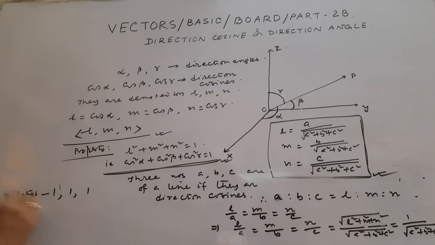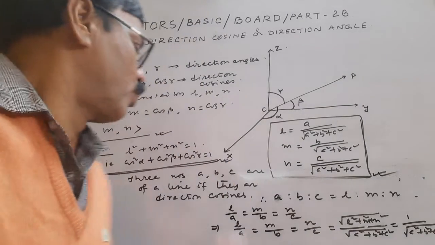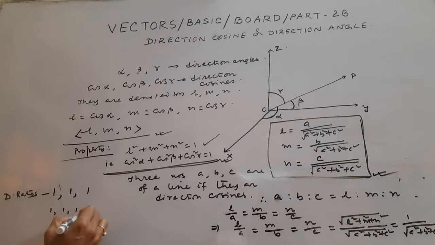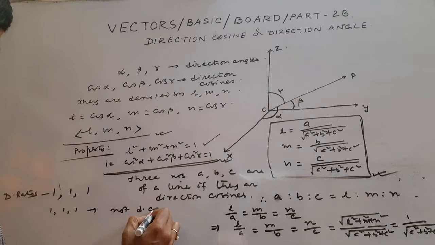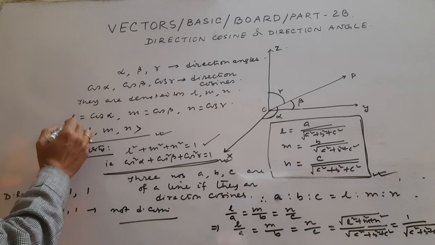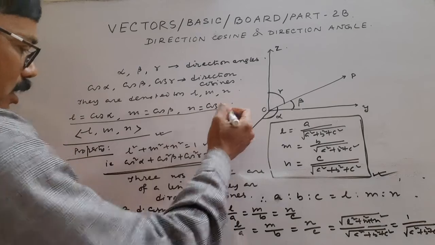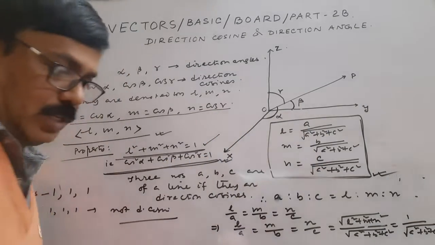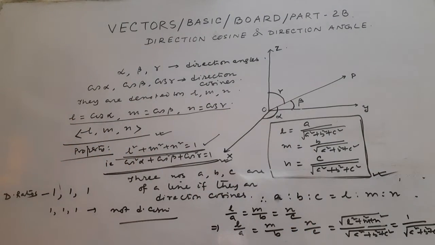Any number may be direction ratios, but to make it direction cosines, you have to fulfill this property. So 1, 1, 1 is not direction cosines, because on adding the squares you get root 3. So you have to remember the formula of direction cosine, this property, and the relation between direction ratios and direction cosines.